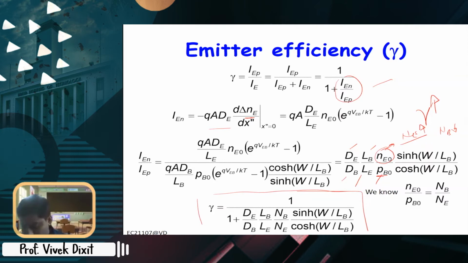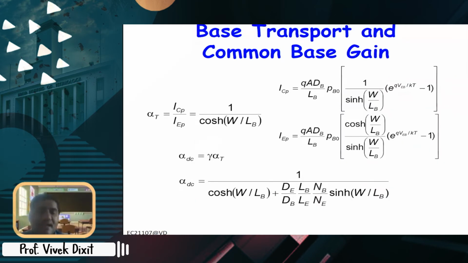Similarly, you can get the expression for base transport factor, that is ICP by IEP, and which is basically simply 1 over cosh W by L. Now alpha should be close to 1, right?